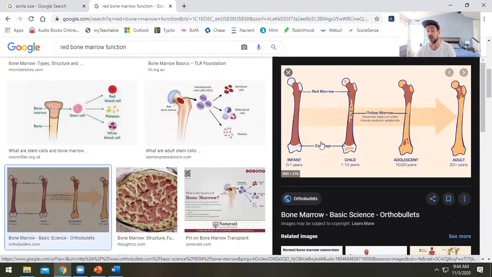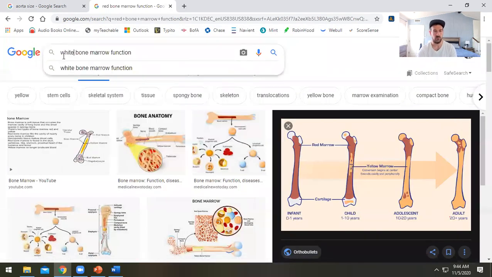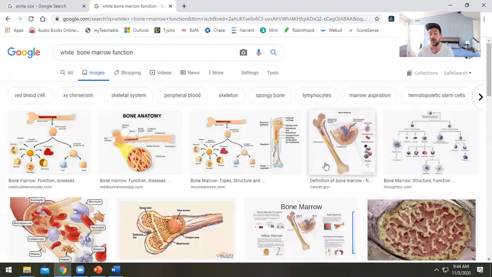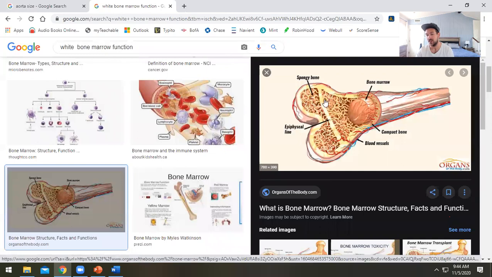Throughout this section here. Then you've also got white bone marrow, which is where your immune system gets created. That's happening in the heads. So that's what we call spongy bone versus hard bone. The spongy bone is what makes your white blood cells, and the hard bone is what makes your red blood cells. But that's where you're going to find bone marrow, right?